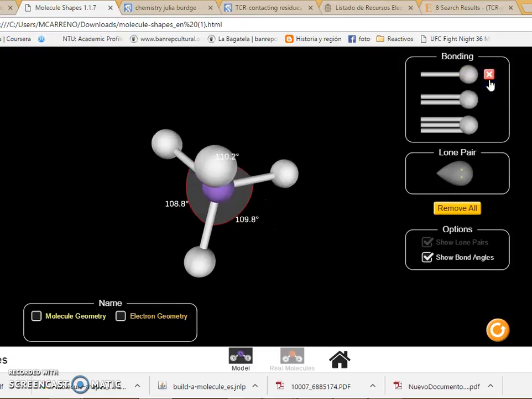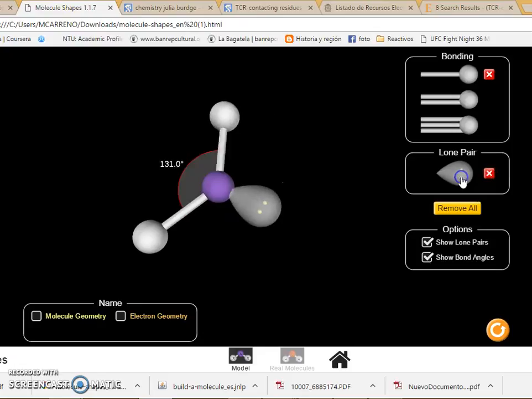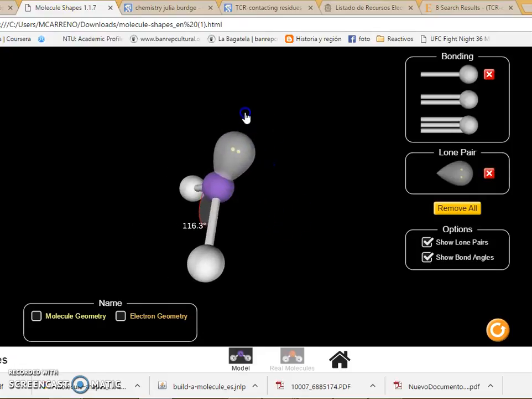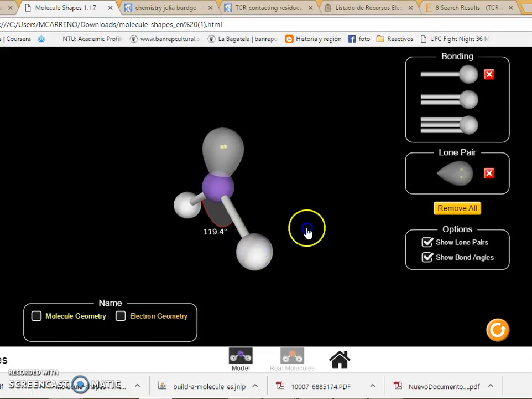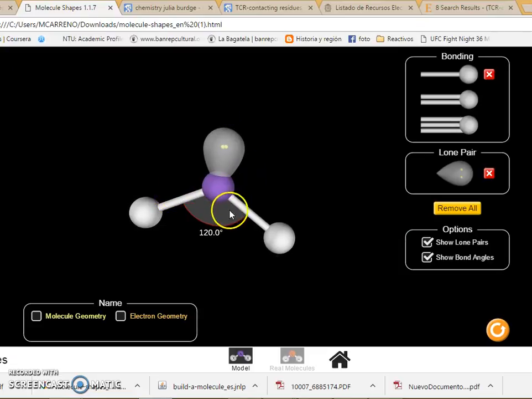But what happens whenever we add lone pair electrons? Let's suppose that we have an AB2 molecule, but the molecule has a lone pair electron. So let's put the lone pair electron, take a look at it. The lone pair electrons will push the bonded electrons towards the lower part. Why? Because they make a repulsion here. The shape will be a distribution of the atoms here of 120 degrees.